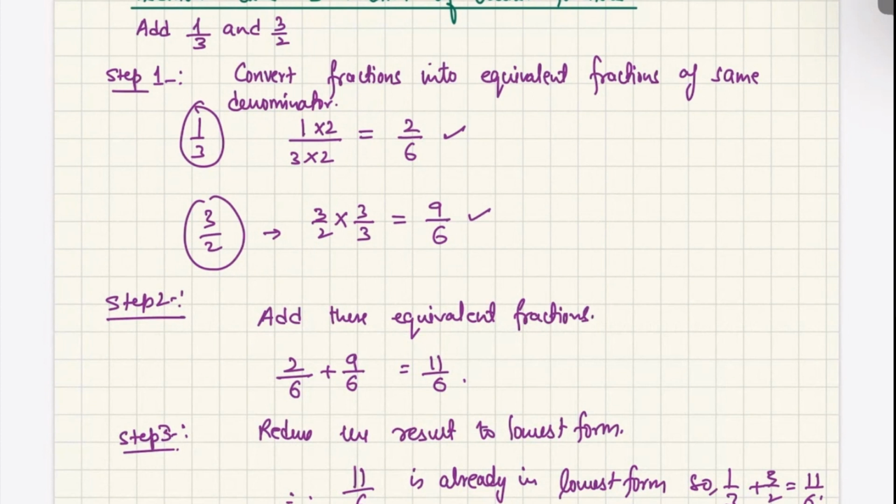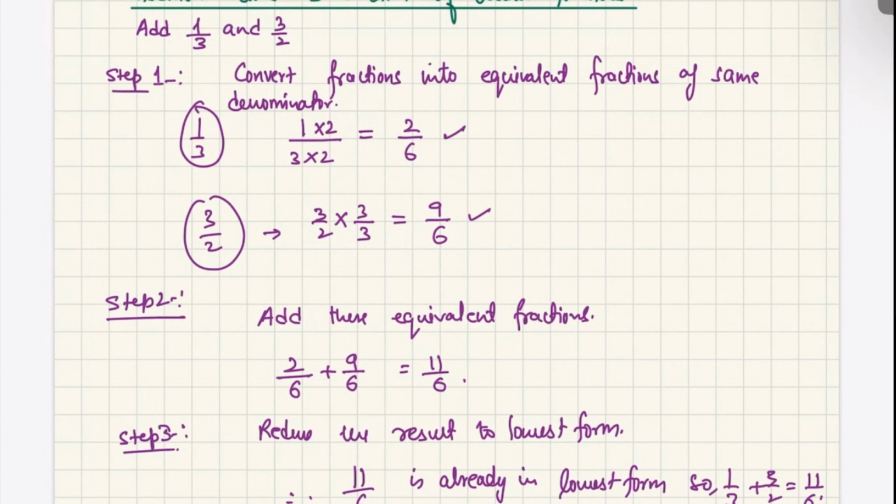We simply multiply both of them by the denominators. Let's say 1 by 3, you multiply this with the denominator of the other, that is 2. And then next is 3 by 2, you multiply it with the denominator of the first fraction. That is how you convert it into the equivalent fractions. We have already discussed this in the previous classes.